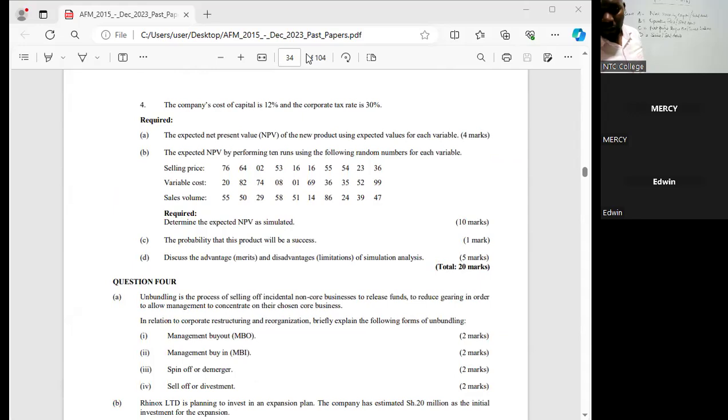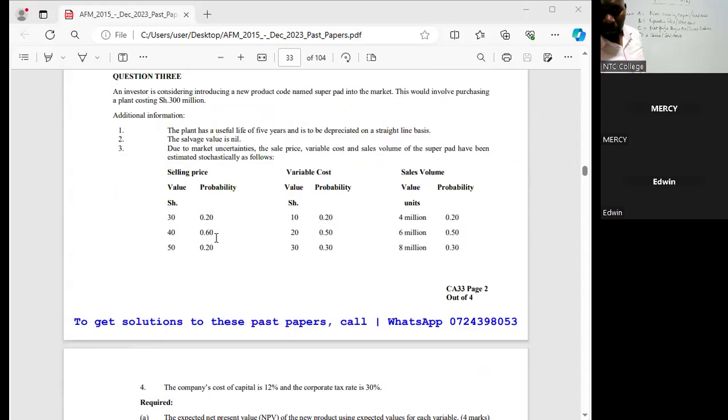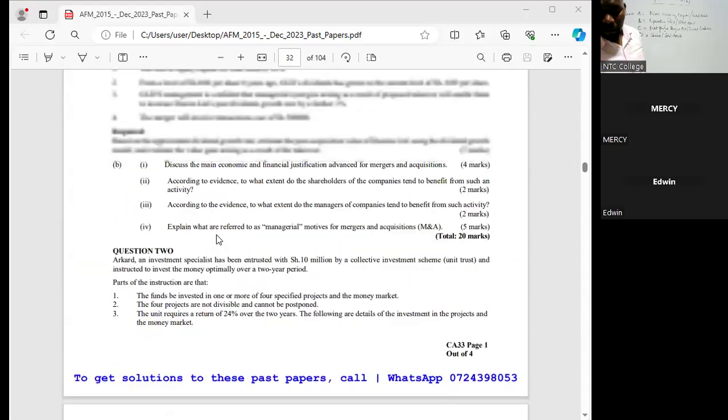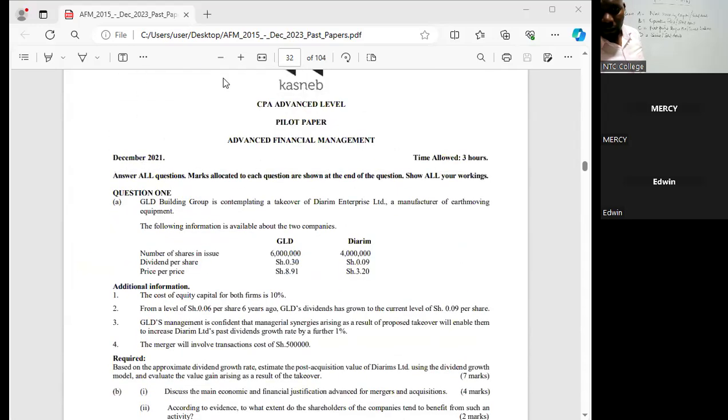Question number 3C. Which year is this? 2021. December 2021. Which sitting? December or May or September? December.